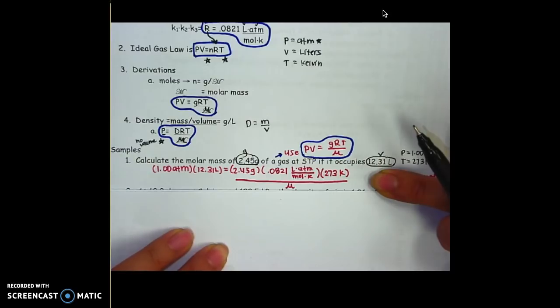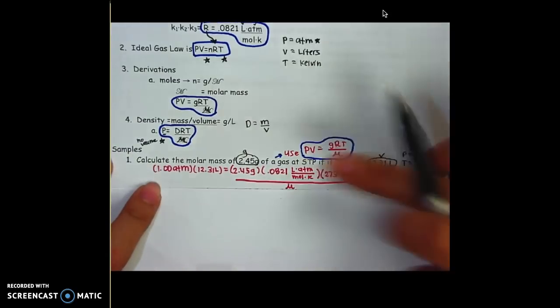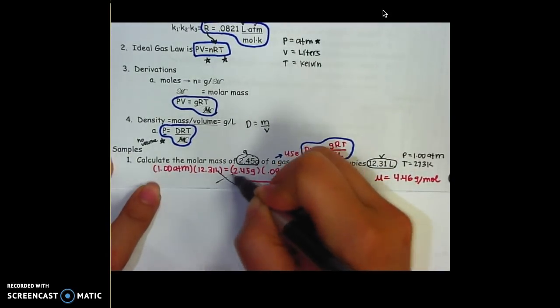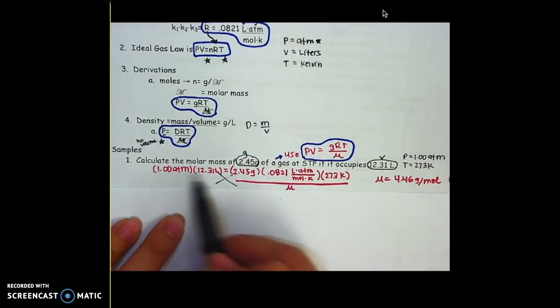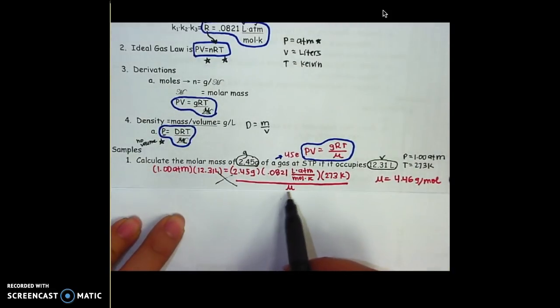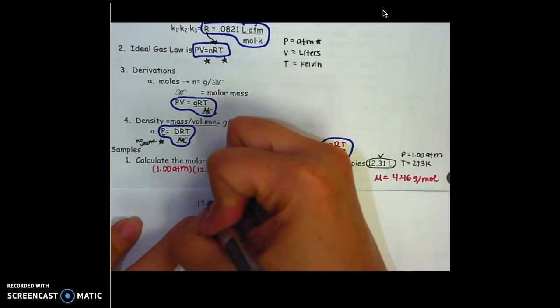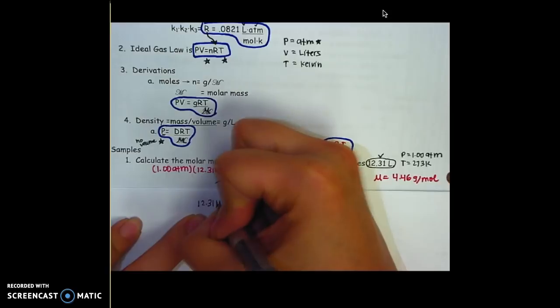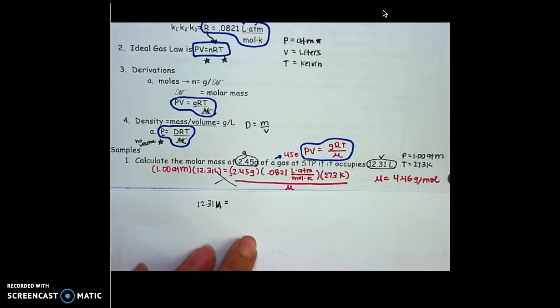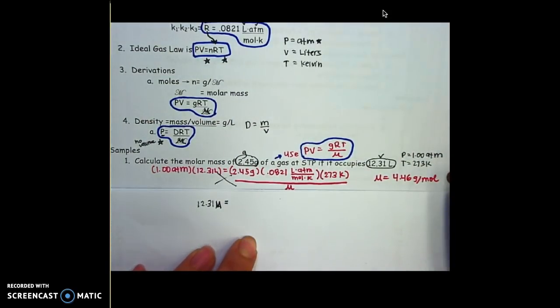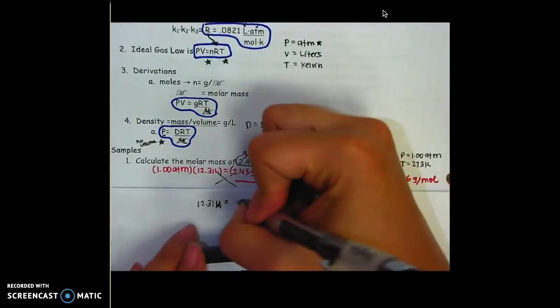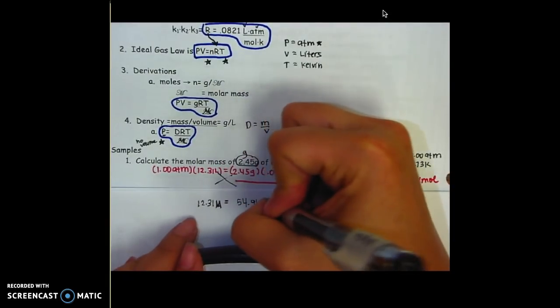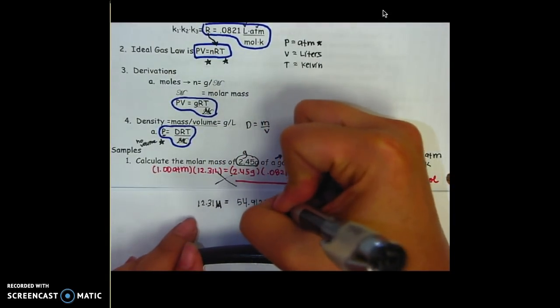Now to solve for this, all you guys have to do is cross-multiply all this stuff. You're going to go 1 times 12.31 times M, so we get 12.31 M. And on the right side, you have 2.45 times 0.0821 times 273, and we get 54.912585.